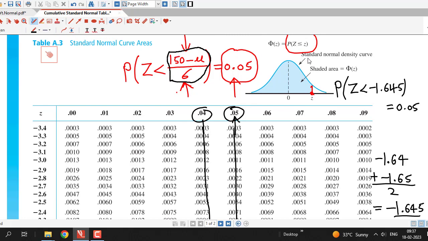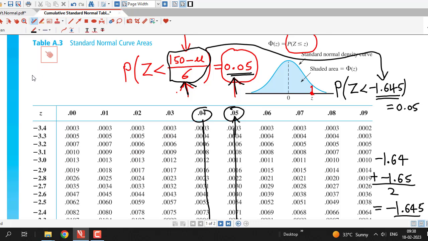Therefore we can see that this value must be equal to minus 1.645. We are interested in the value of Z such that probability that Z is less than this value is 0.05, and from the table we find that probability that capital Z is less than minus 1.645 is equal to 0.05.